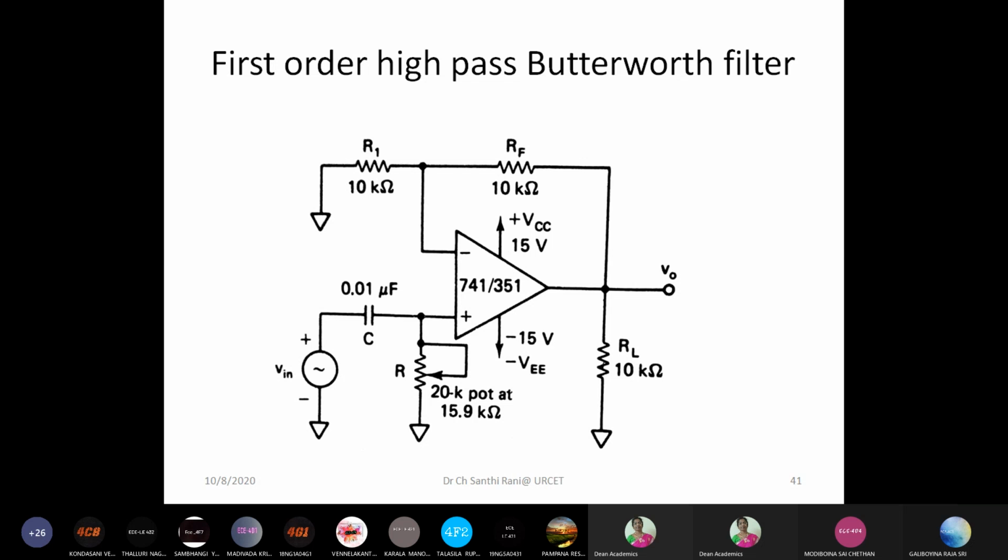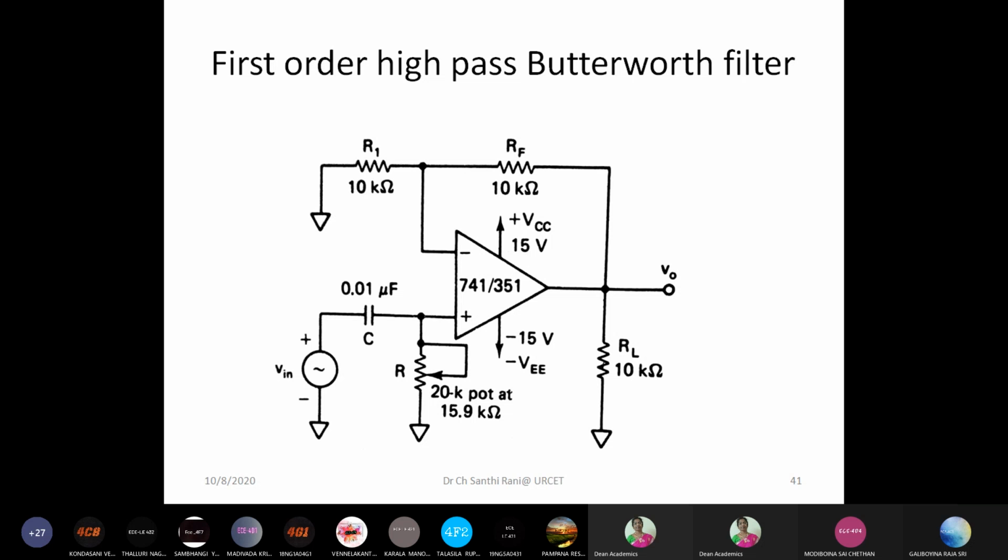Then what are the filters that we are designing based on frequency? Maybe a low pass filter or high pass filter, band pass or band stop filters. Otherwise, we say that it may be any order, low pass, high pass, band stop, any order filter.